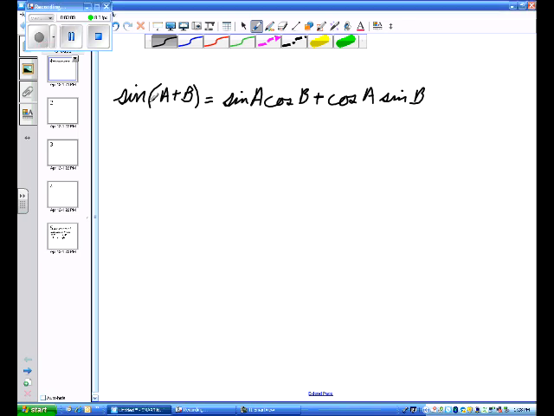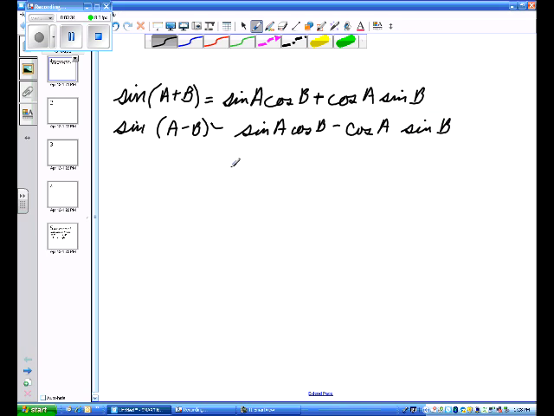The sine of A plus B, it's the sine of the first, cosine of the second, plus cosine of the first, sine of the second. The sine of A minus B, the difference of two angles, is the sine of the first, cosine of the second, minus cosine of the first, sine of the second.